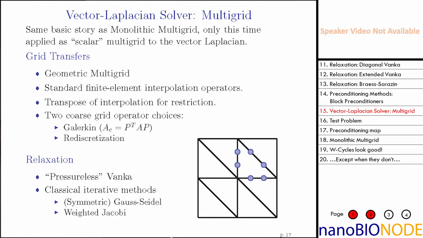And then you could think about doing classical iterative methods like SGS or Jacobi on this block. Or you could think about pressureless Vanka, since we're just preconditioning the vector Laplacian, you don't have a pressure, but otherwise you choose the same block as before.